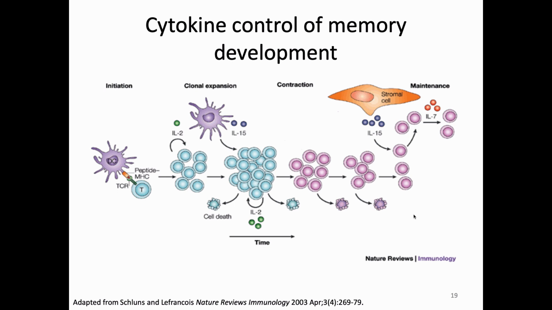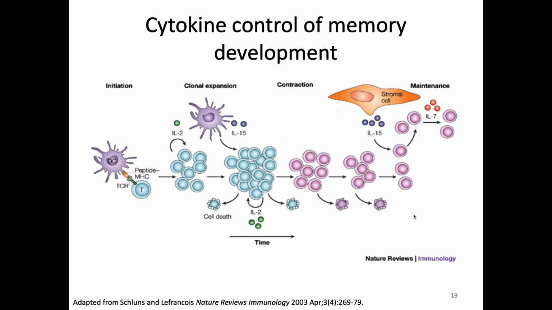Maybe IL-15 really helps those CD8s become effectors. But other cells are really important for helping those memory cells stick around long term and hang out for maintenance. So a lot of this process of helping cells go into being either effector cells or memory cells is based on cytokine control.